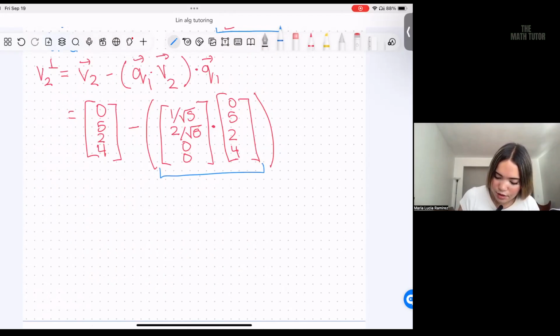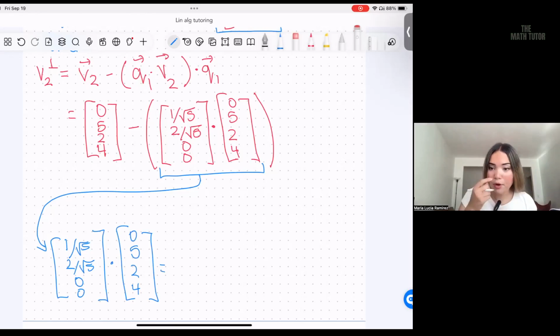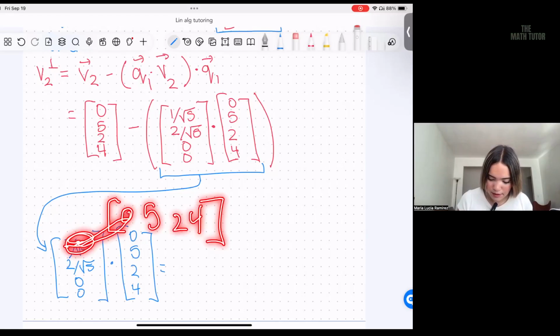So I'm going to do the dot product over here. So 1 over root 5, 2 over root 5, 0, 0, dotted with 0, 5, 2, 4. And when doing the dot product of vectors, we would do this times this. So imagine it was like this, and you were multiplying these together, multiplying these together.